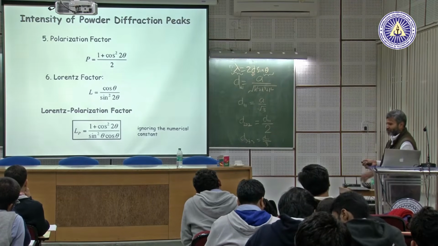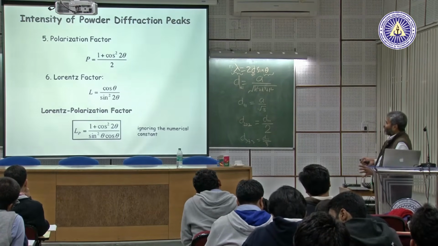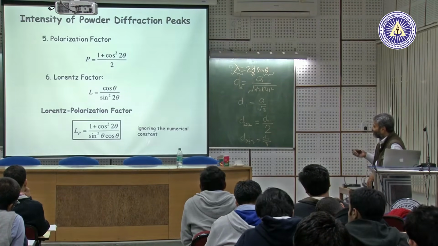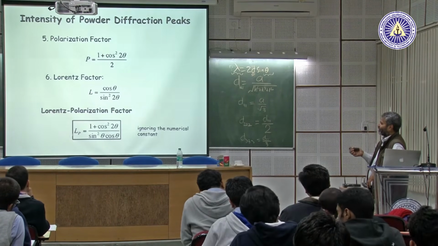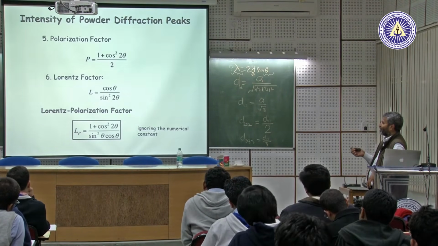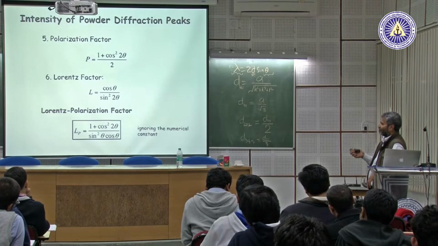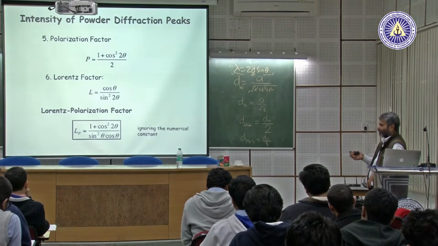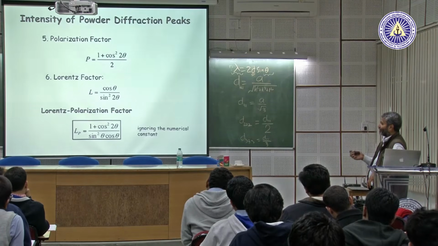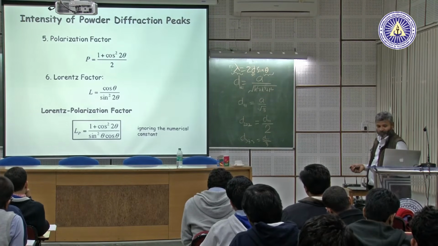So, if you have not followed the derivation, finally, for application it is very simple: each peak will have an intensity multiplied by this term. If this term is high, the intensity is going to be high, and if this term is low, the intensity is going to be low.